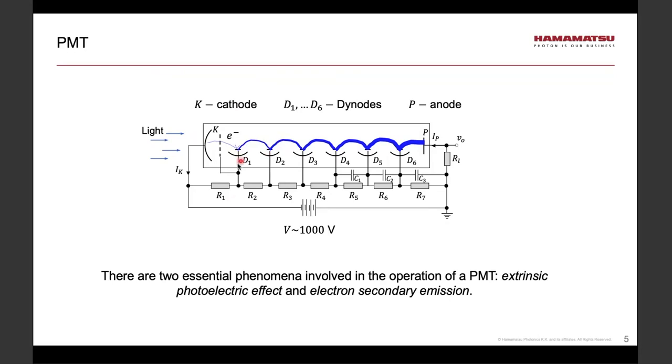This process is repeated as many times as we have dynodes. Thus, a single electron can turn into thousands, in fact, a million or so electrons by the time they reach the anode. The anode collects these electrons, and the electrons then flow out from the PMT to the outside world.